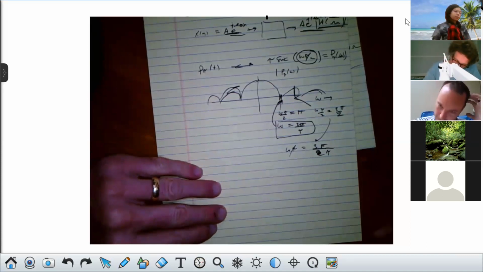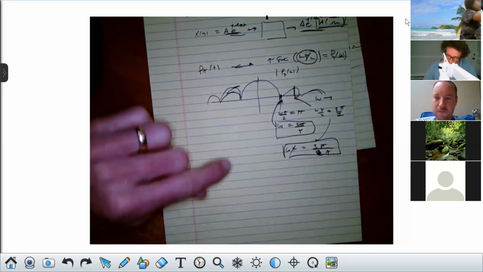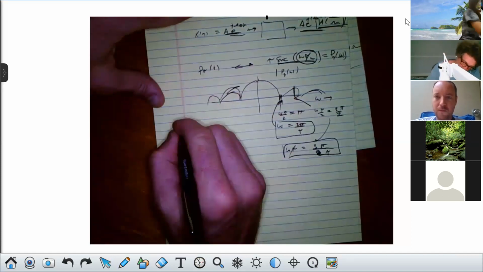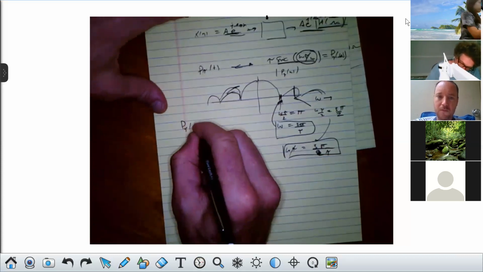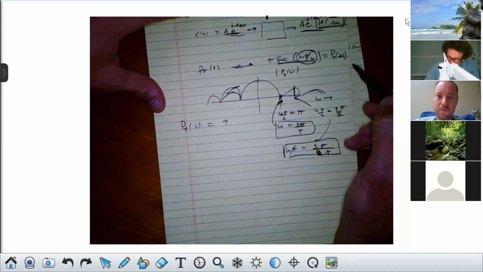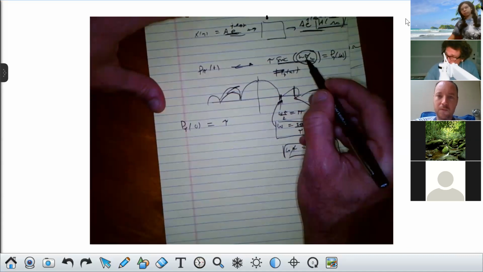Now, I want you to just think about this. Let's evaluate what this function's value is. First, I'm going to take P tau of 0. That's equal to simply tau. If you look at the sinc function, sinc of 0 is 1, correct?